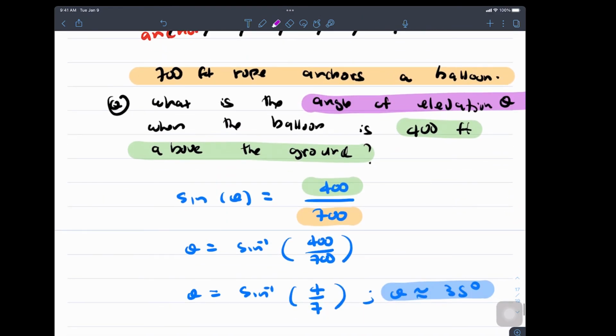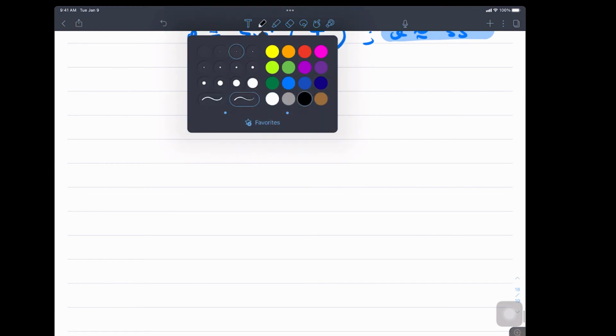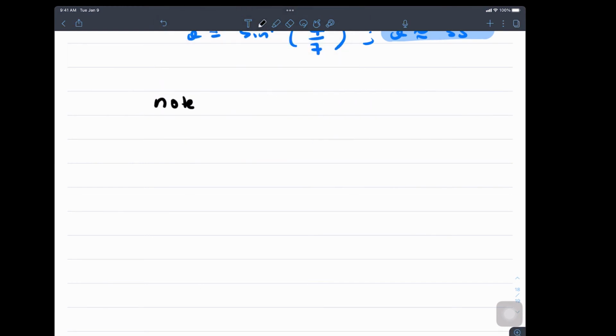So they ask that kind of question, and then sometimes they're just going to say this. Let's note. They'll say, express theta as a function of the height h.